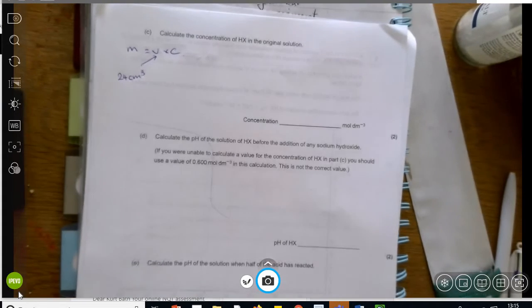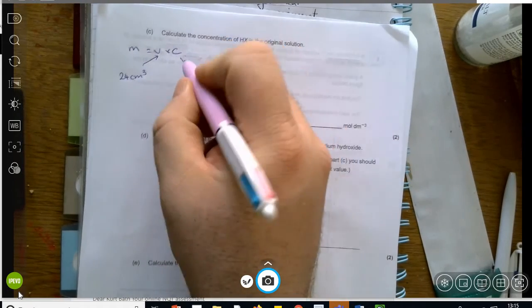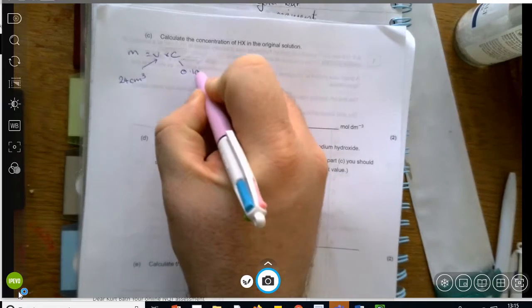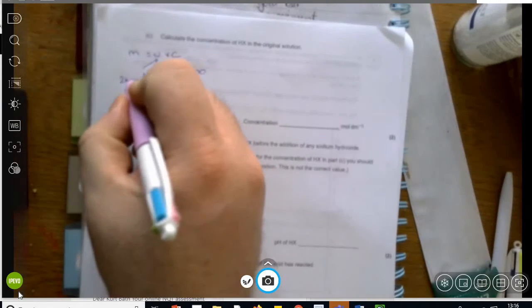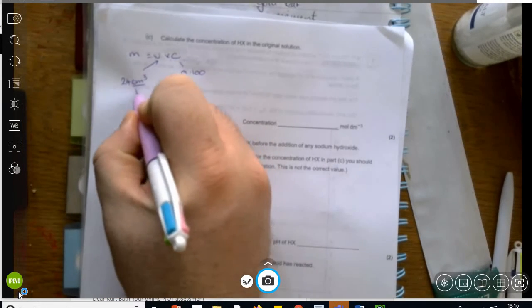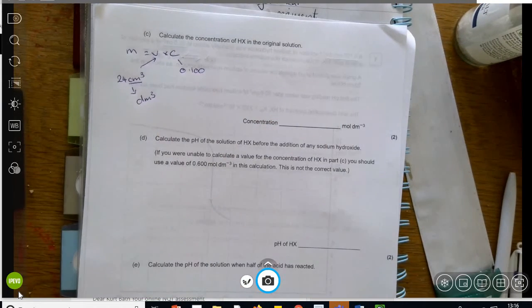This, we know, is the 0.100 moles per decimeter cubed from the answer. From that, you should be able to calculate that question very simply. It's just a matter of plugging the numbers in, remembering you've got to convert this to decimeters cubed in order to get the correct answer.